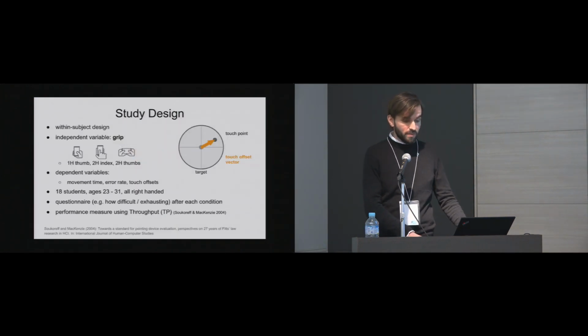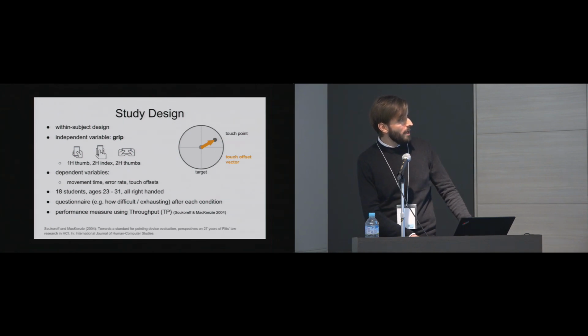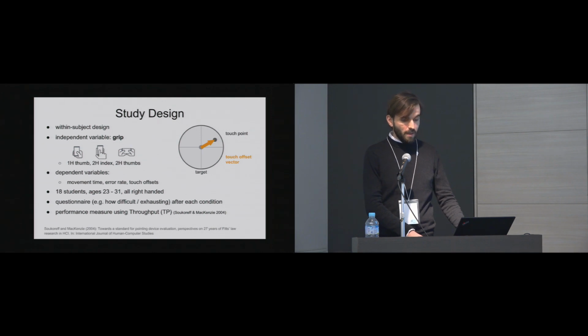For our study, we chose a within-subject design to measure movement time, error rate and touch offsets in 3 different grips: the one-handed thumb grip, the two-handed index and the two-handed thumbs. Touch offsets were measured as the difference between the center of the target and the actual touch point.